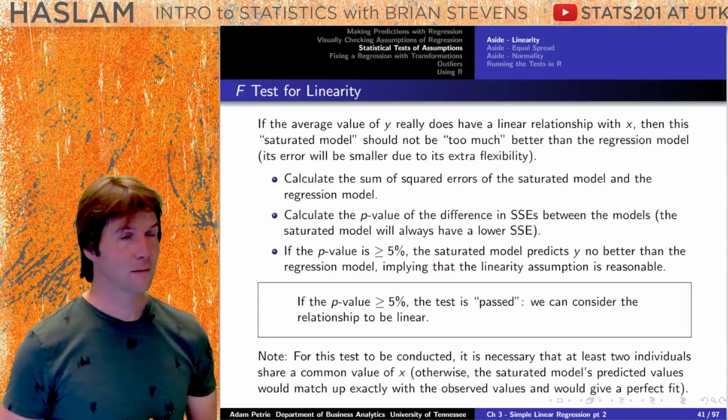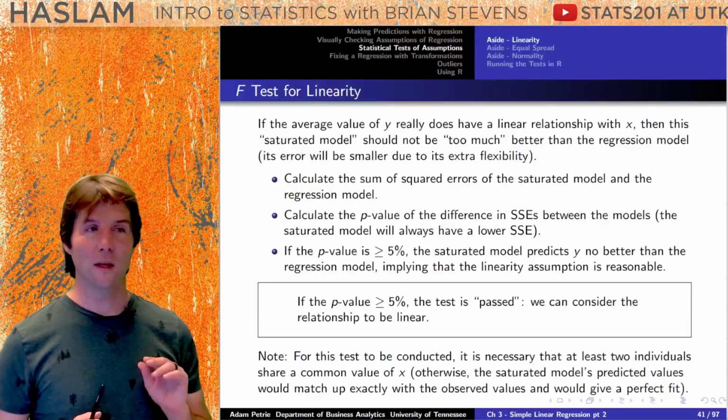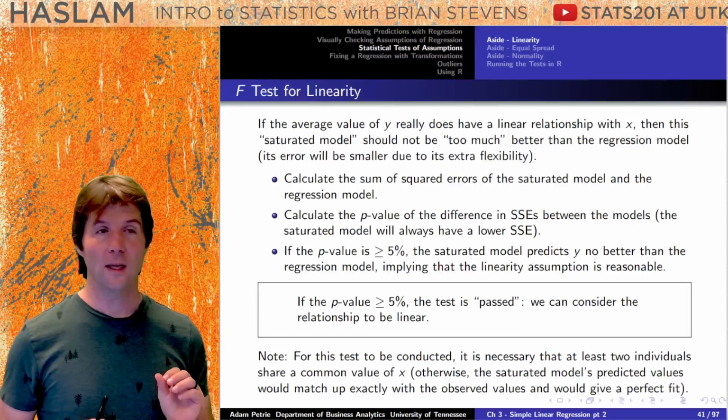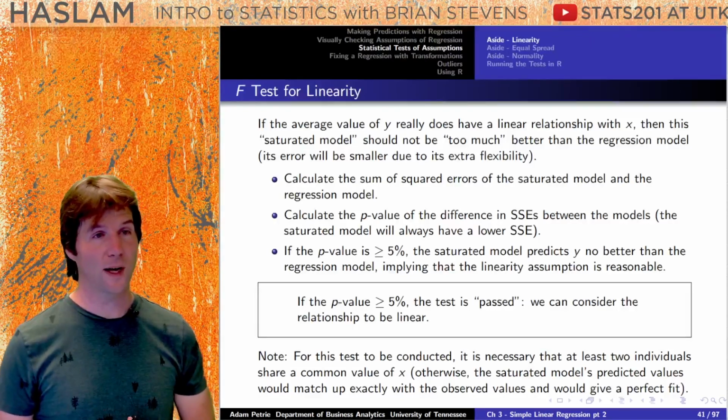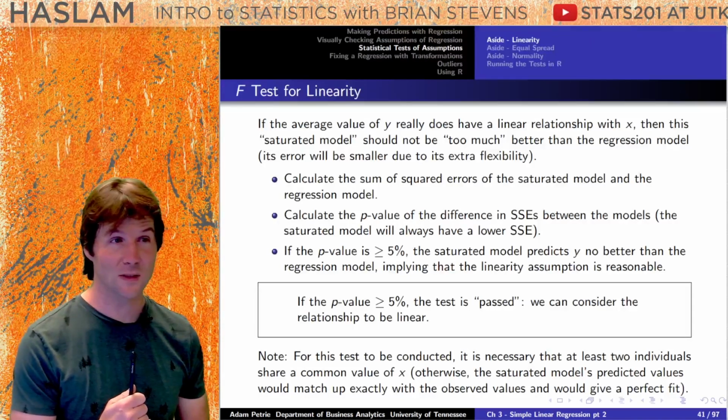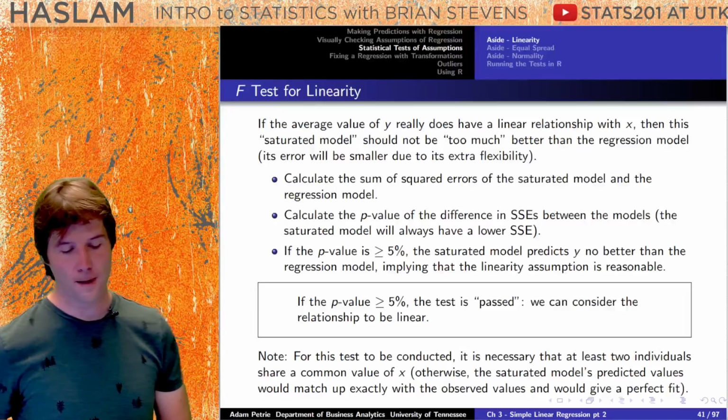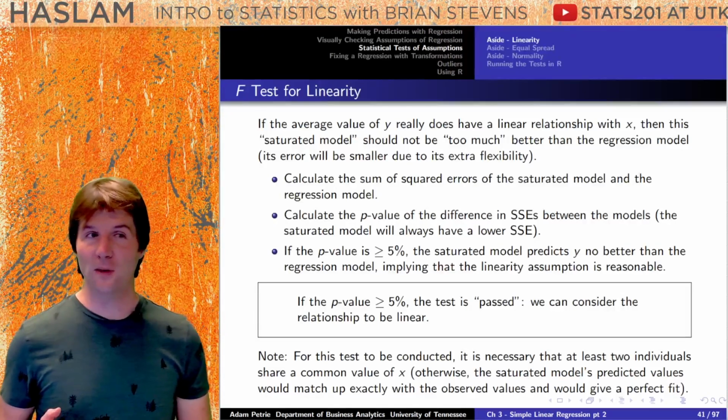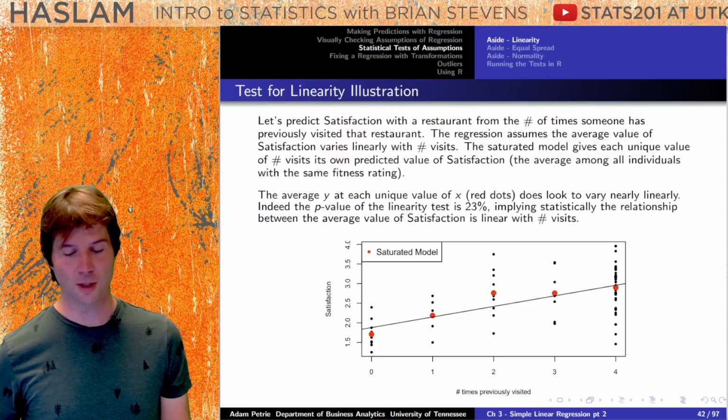That's a lot. Here's the thing. The important thing to know, if the p-value is greater than 0.05, we pass. That is what you need to know. So we want to make sure we have high p-values when we are checking our regression.